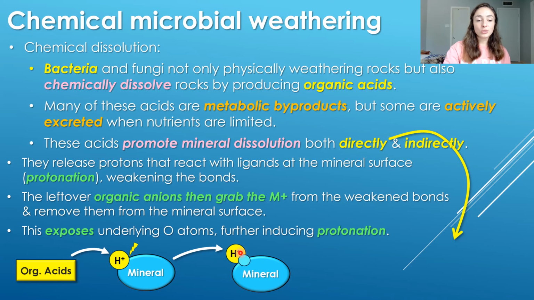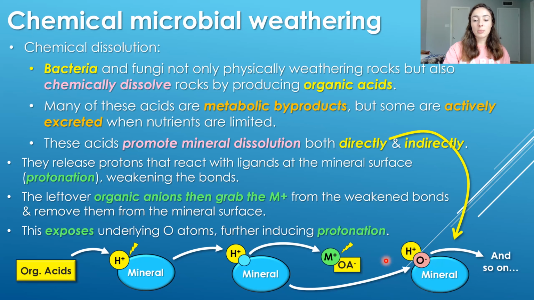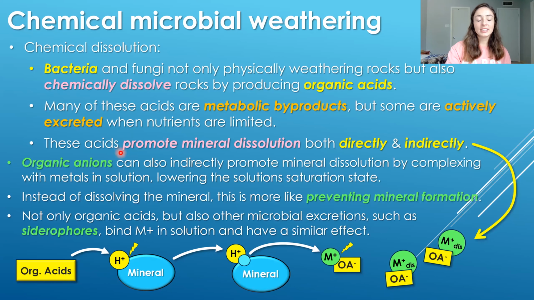And then once loose, the leftover organic anions, so remember this organic acid released a positive charge or proton from itself to leave itself a negative charge, aka now it's an anion, and these leftover organic anions then grab the metal cations that were released from the weakened bonds at the mineral surface and remove them from the mineral surface. This then exposes the underlying oxygen atoms to further protonation from those hydrogen ions being released from the original organic acids.